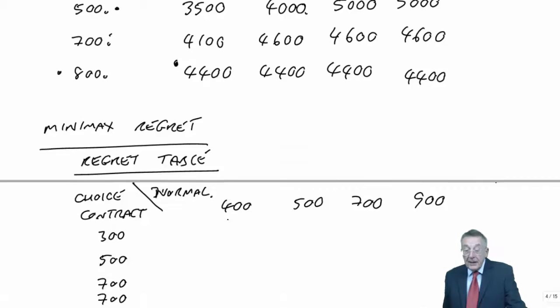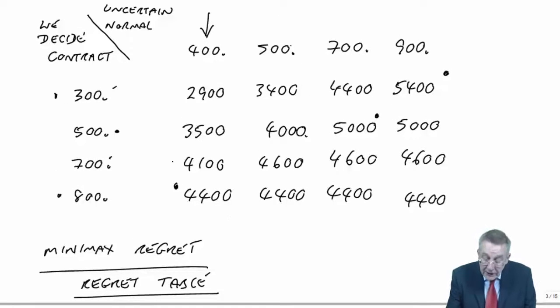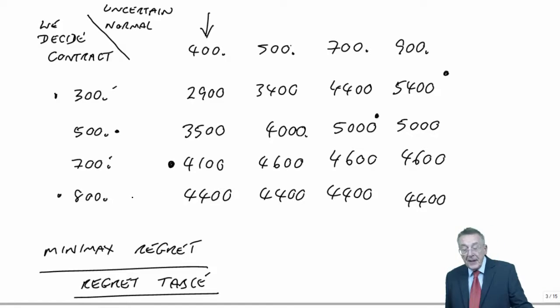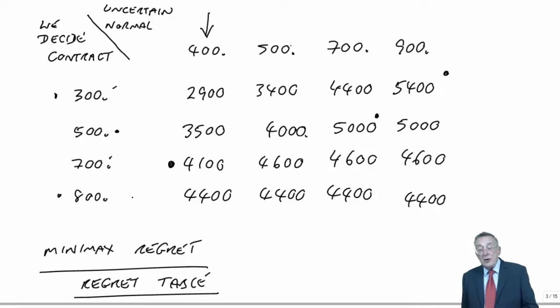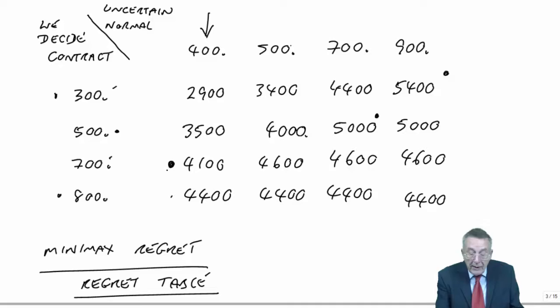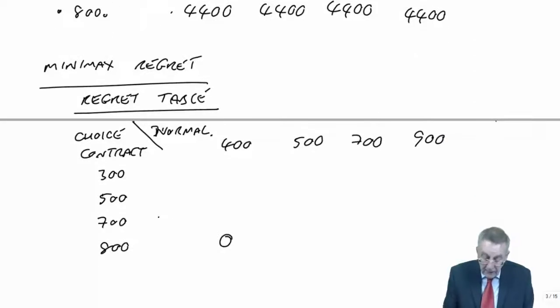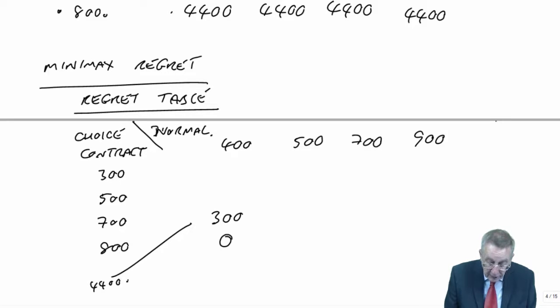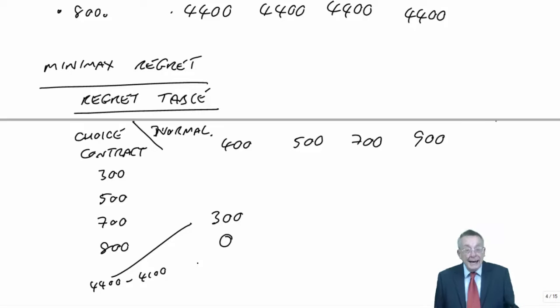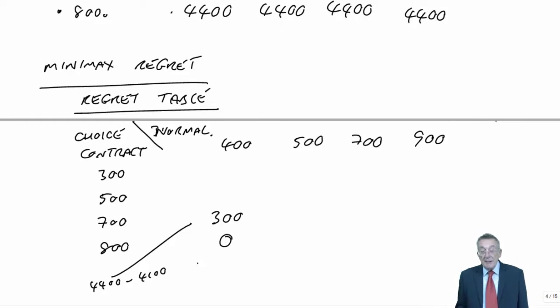But if it was 400 and we'd chosen a contract size of 700, we'll only have got 4,100. We know we could have got 4,400. And so by having picked the wrong one, we've lost 300. 300, which remember, 4,400 is what we could have got, 4,100 is what we have got if we'd chosen 700.